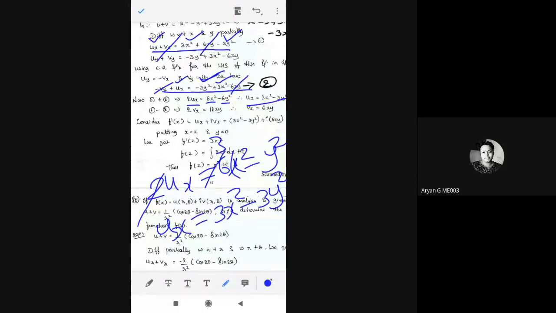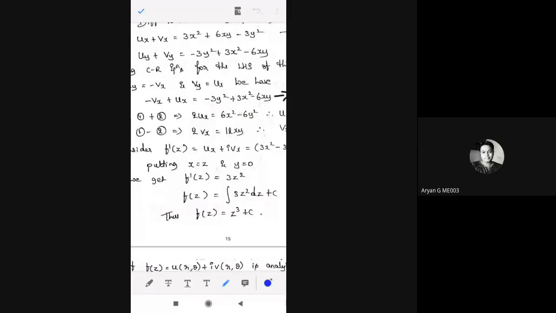Now how to find the vx value? See the expression. LHS is ux plus vx. When you add, you get the ux value. When you subtract, you will get the vx value. When you interchange the signs, here minus, here plus, I'll do it directly here itself. For all the terms in equation number 2, we need to change the signs.